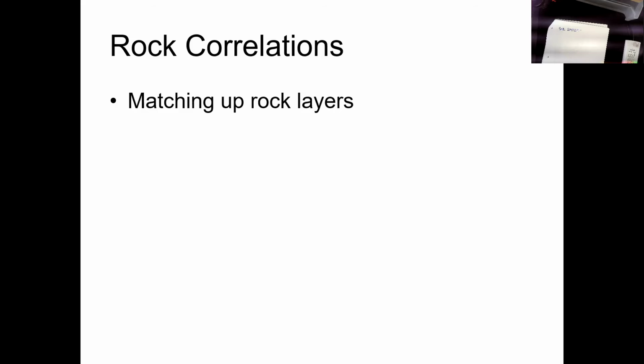Hint, it's up there on the board. He matched up the rock layers. So he saw a layer over here in Africa and a layer over here in South America, and he's like, oh my gosh, those are the same layers. So correlating or rock correlation is just matching up the rock layers.